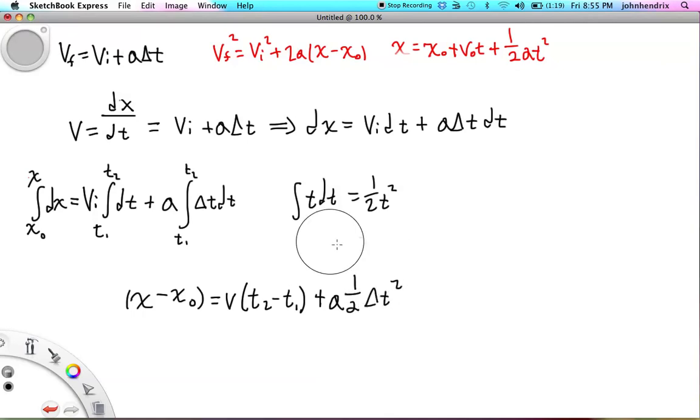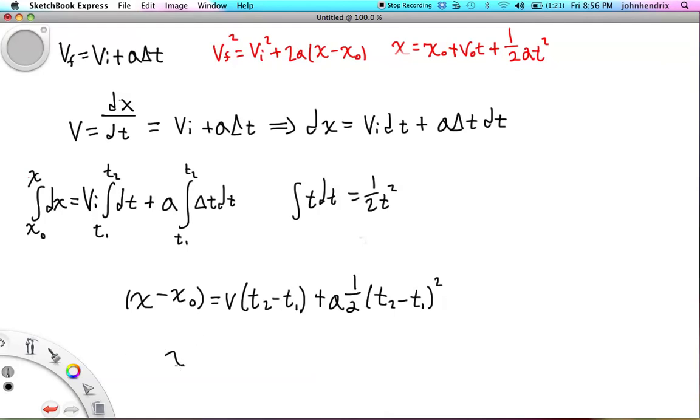And I actually shouldn't run in delta t in the same equation. We'll keep this consistent. We'll show that simplification one more step: (t2 minus t1) squared. And then we can simplify this.